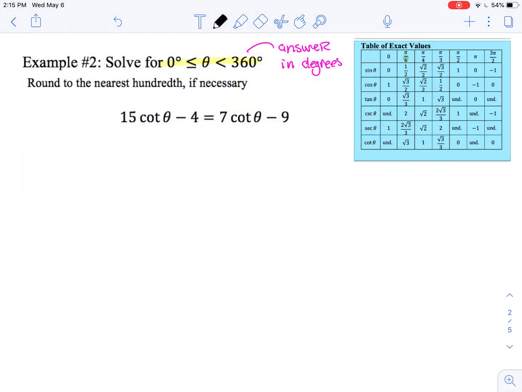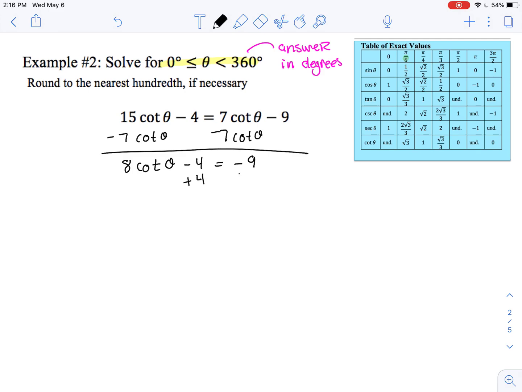Our first step is to get our trig ratio by itself. So we're going to use our algebra skills, just like when we're solving a linear equation. I'm going to subtract 7 cotangent theta from both sides. So I end up with 8 cotangent theta minus 4 equals negative 9.